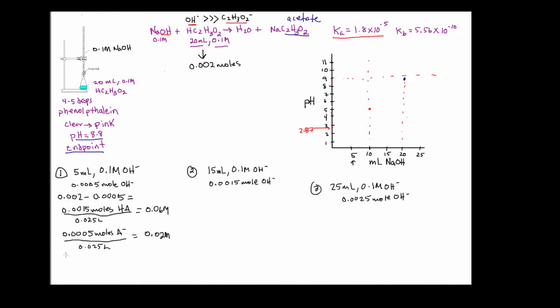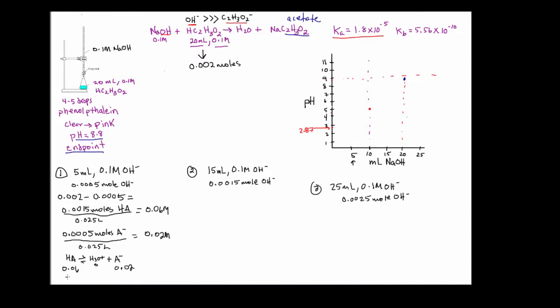Okay, now to find the new equilibrium position, we have HA in equilibrium with H3O plus and A minus. Our initial concentration of the acid is 0.06. The initial concentration of A minus is 0.02, and we have 0 of H3O plus. We allow this to come to equilibrium.